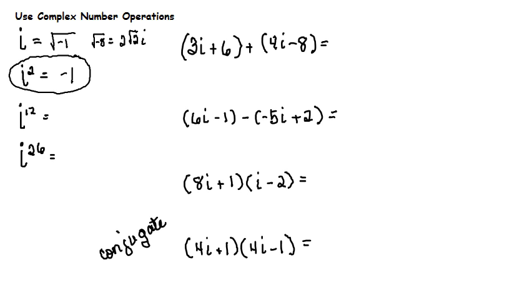It'll tell you what it simplifies to. i to the 12th is 12 divided by 4 is even, so it has no remainder, so it equals 1. i to the 26 is that it goes evenly 6 times with the remainder of 2. The remainder of the 2 correlates with i to the 6th power, which is negative 1.